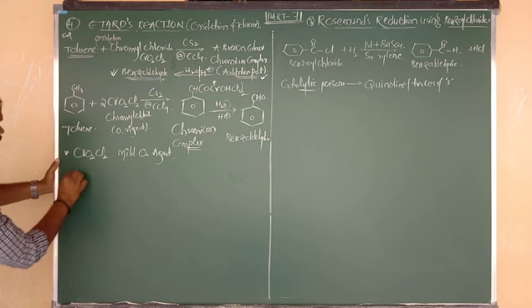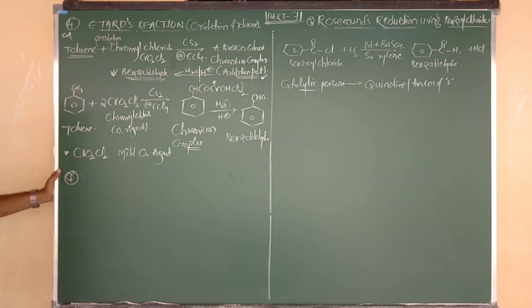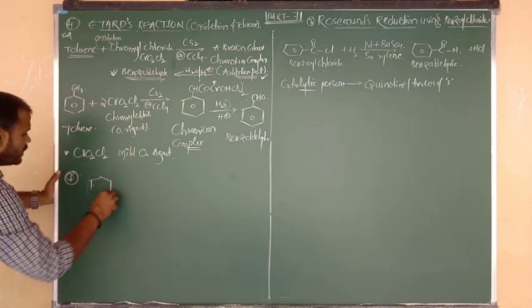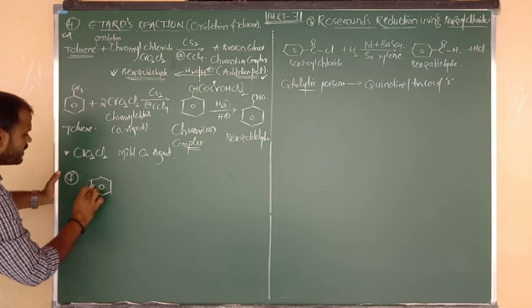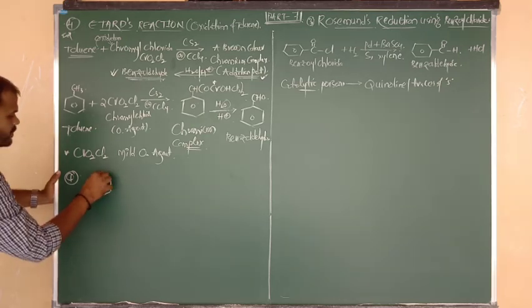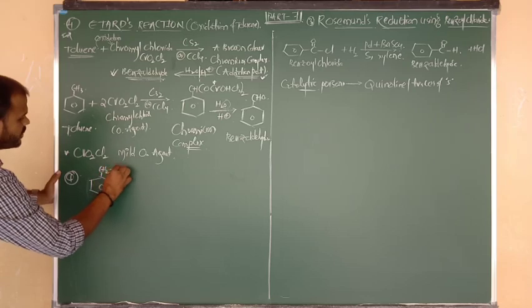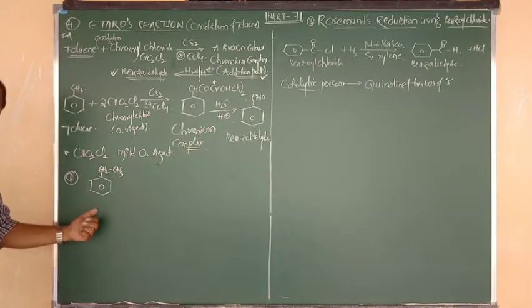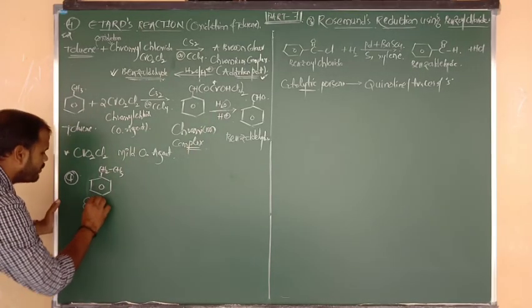Okay. Regarding this Etard reaction, I am going to write one question. Try to say the answer. First, suppose I write here benzene, and benzene connected to a side chain, that is nothing but ethyl benzene. Methyl benzene changes into benzaldehyde, but what about this ethyl benzene?